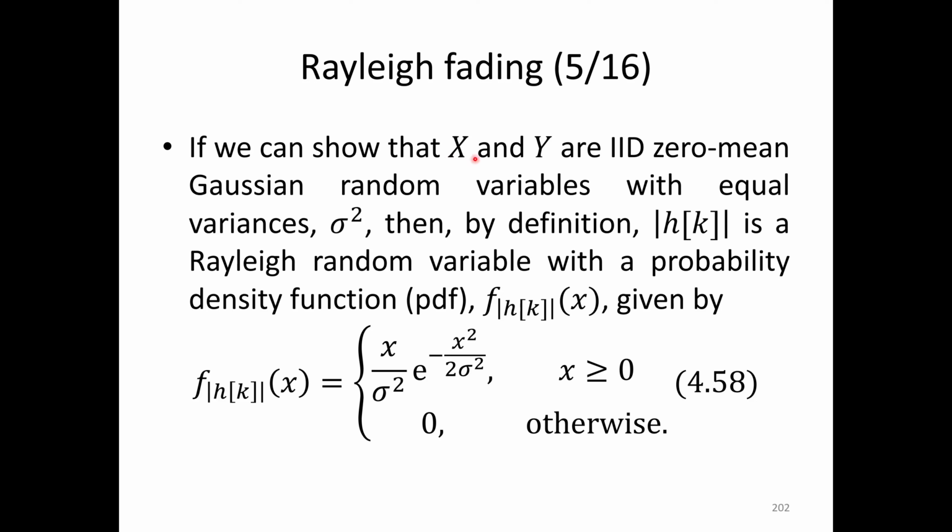If we can show that x and y are IID zero mean Gaussian random variables with equal variances sigma squared, then by definition, the absolute value of h of k is a Rayleigh random variable with a probability density function (PDF) f of the absolute value of h of k at x given by x over sigma squared times exponential negative x squared over 2 sigma squared if x is greater than or equal to 0, and equal to 0 otherwise.